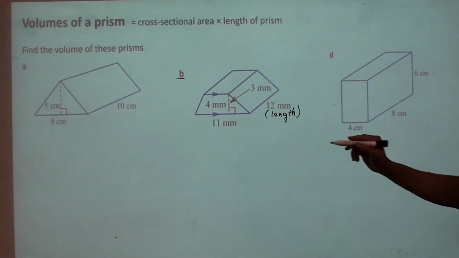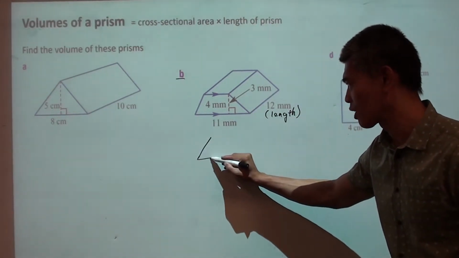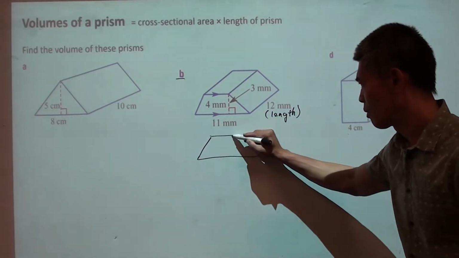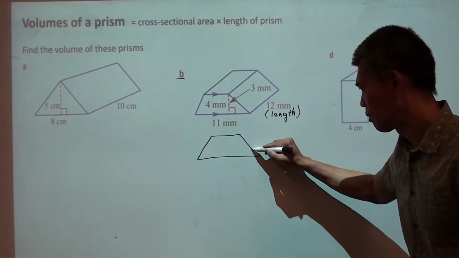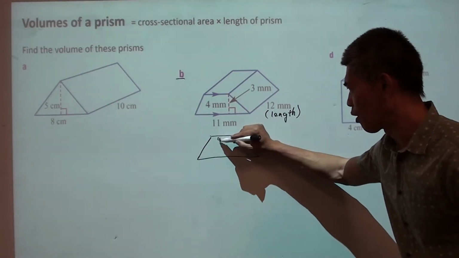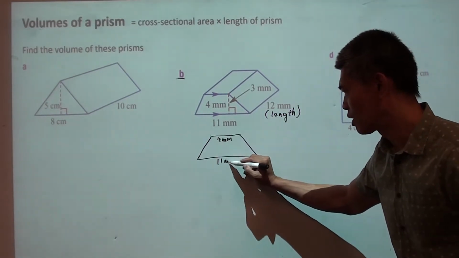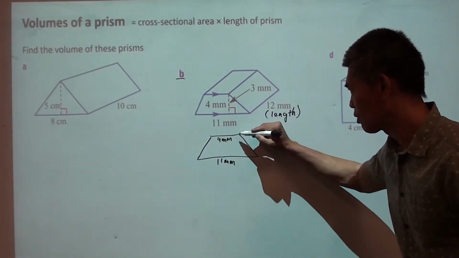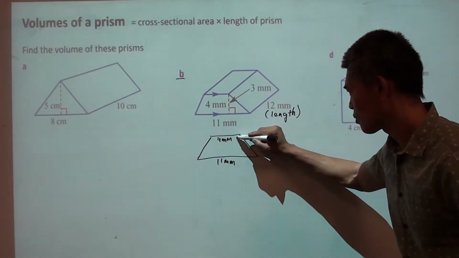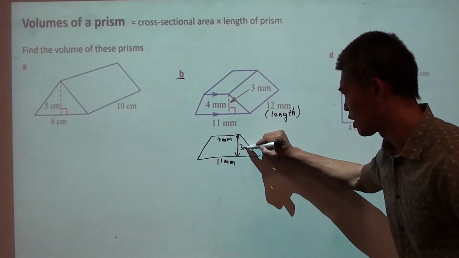Alright, so let's identify the cross-sectional shape. The cross-sectional shape looks like this. Alright, so we have 4 millimeters on top and 11 millimeters below, and we know that the height is 3 millimeters.